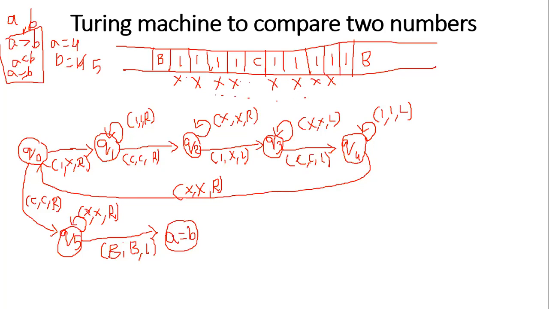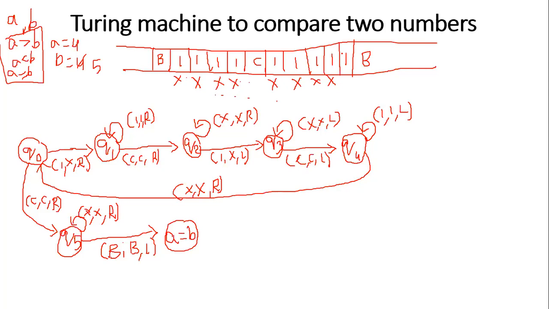If B is greater than A, sorry, if the second number is greater than the first number, how does it look? All the ones in the first part will be finished. And what about this case?